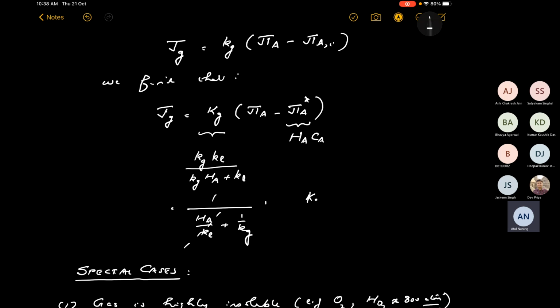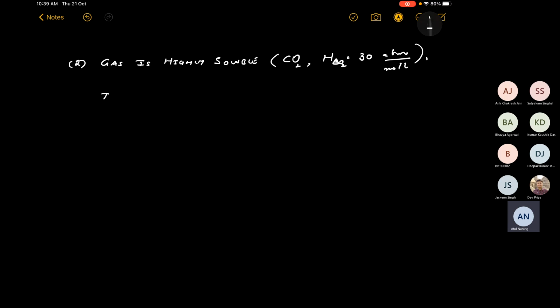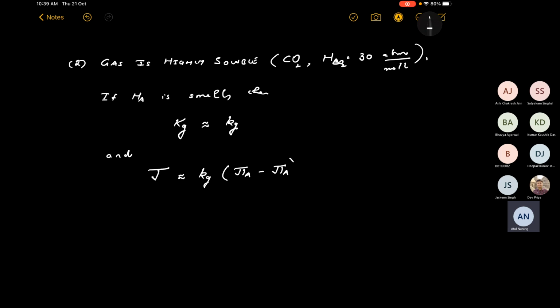And so if HA is small, then the overall gas side transfer coefficient becomes approximately equal to kg, and J, I'm just going to use J because both are the same, is approximately equal to kg multiplied by pi a minus pi a star, where pi a star was defined as HA times Ca.